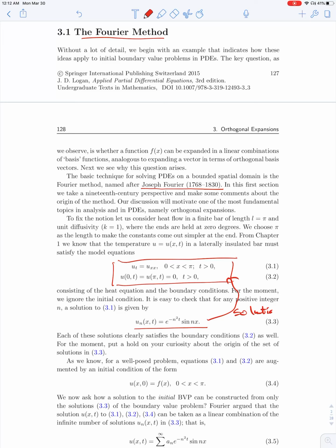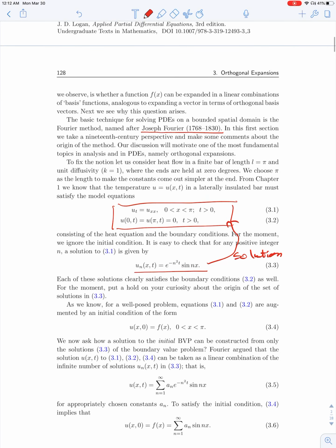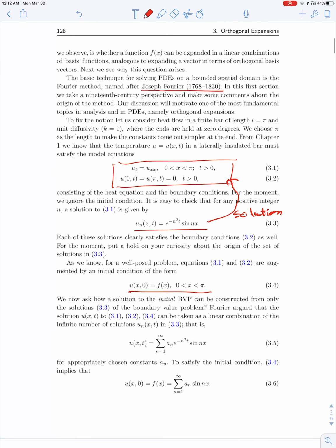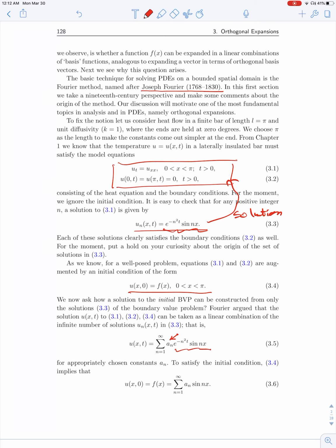Now, what Fourier said is that, okay, if you want to solve this boundary condition with this initial condition, then the solution can be expressed using these as elements. And then you add some coefficients. So these are the bases that you expand this solution into.